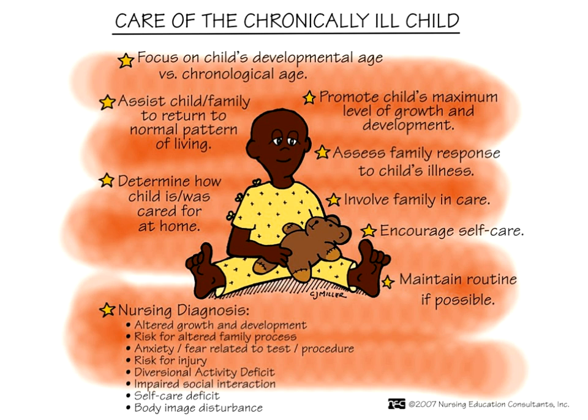Regardless if it's a chronic condition or an acute occurring one, we always need to focus on the child's developmental age versus their chronological age. So how are they able to communicate? A child with Down syndrome, for example. So how do I relate to this child differently? And I would need to know what is their level of functioning.